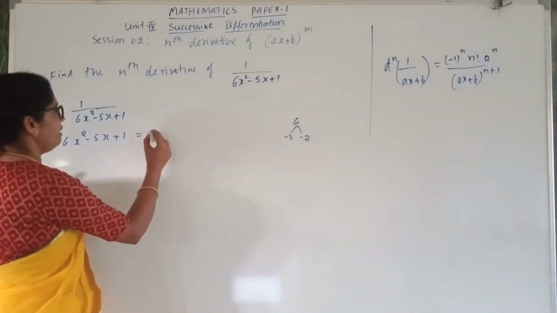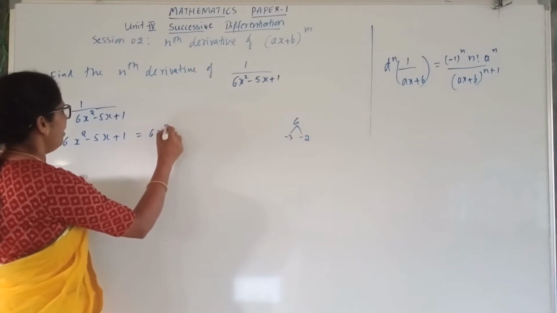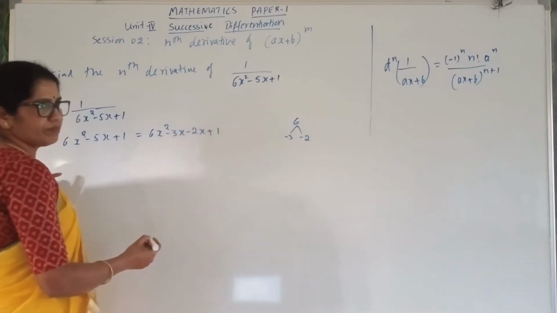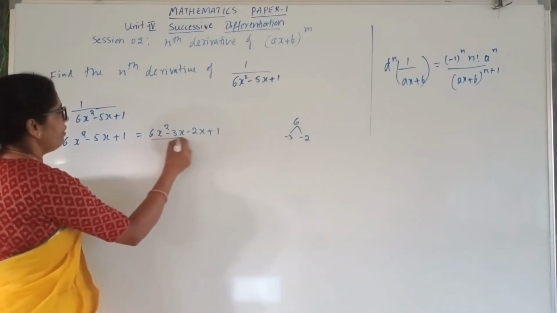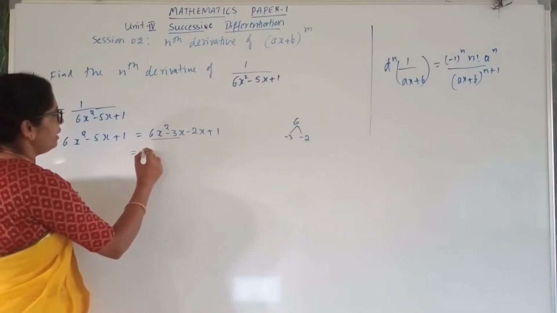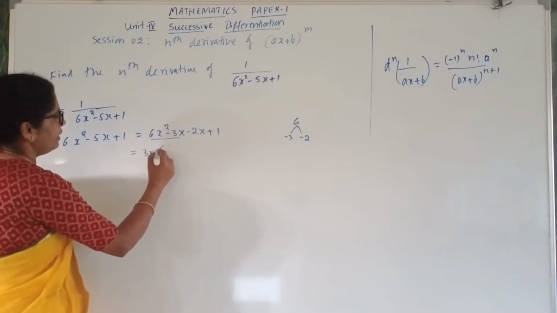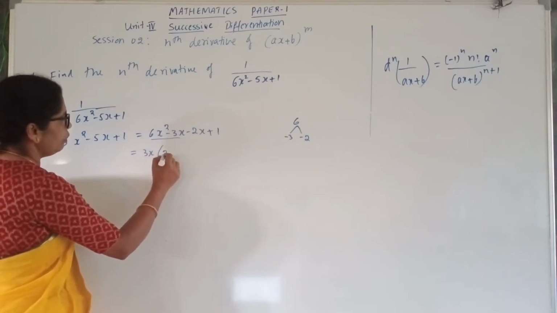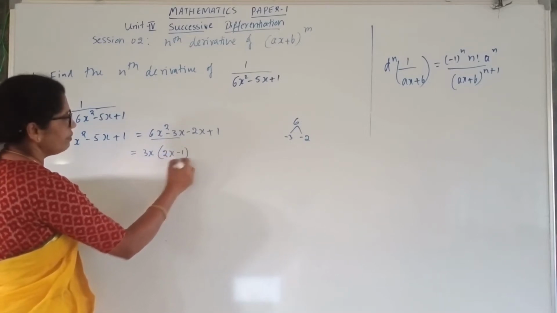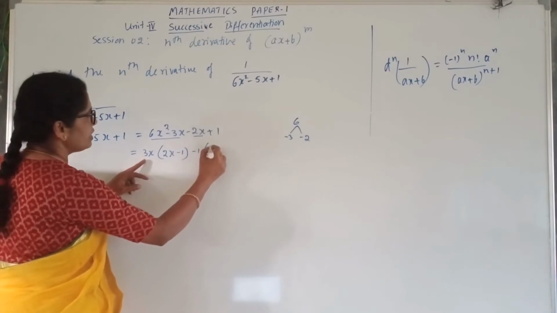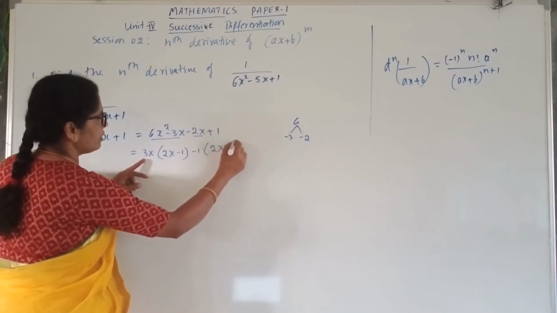So this equation can be written as 6x square minus 3x minus 2x plus 1. Now remove the common factor among these two. So we get 3x. When you remove 3x as common factor, it is 3 twos are 6, so 2x minus 1. And here, 2x we want, so remove minus 1 outside, so we get 2x minus 1.